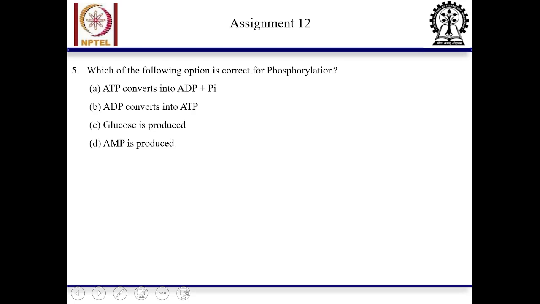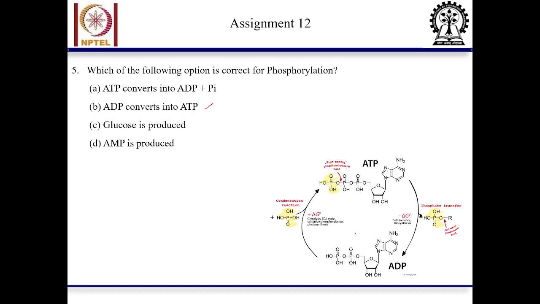I'm saying B, and the correct answer is B. Now let's see what processes are happening. First, what is ADP and what is ATP? ATP and ADP differ by one phosphate group. ADP is adenosine diphosphate, and this is adenosine triphosphate.